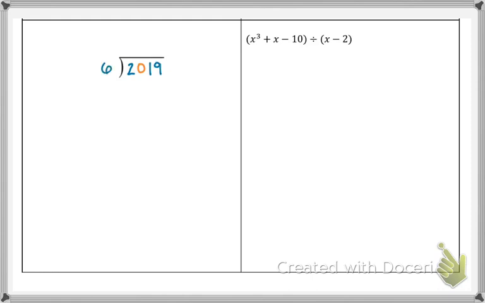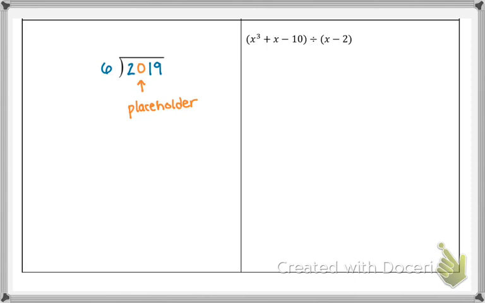We're not actually going to divide it, but I just want you to note what the purpose of putting that 0 there is. Because I don't have a number for the hundreds place, so we put the 0 there as a placeholder, right? And that's the job of that 0 in 2019 as a placeholder.